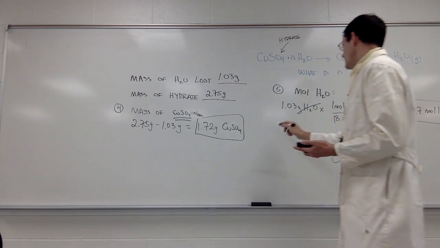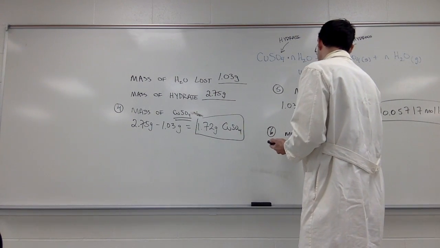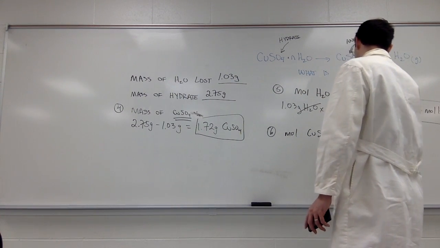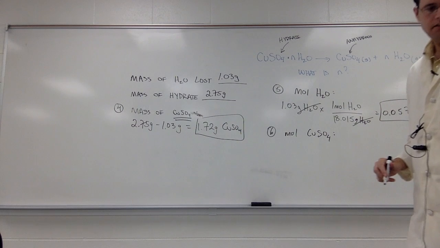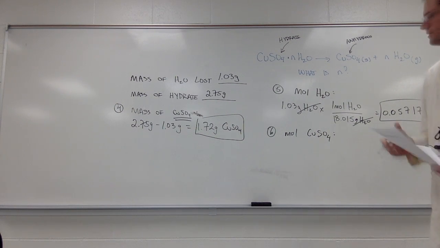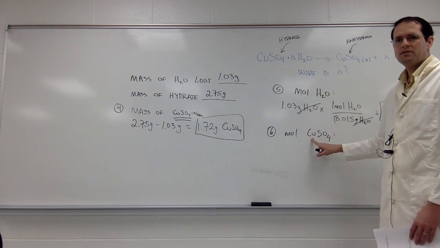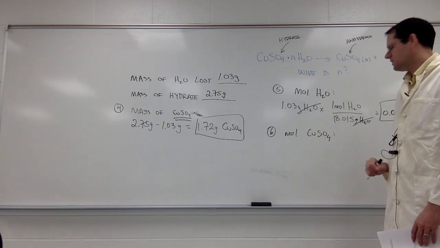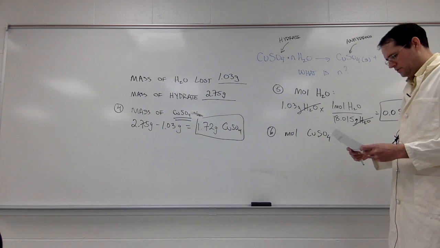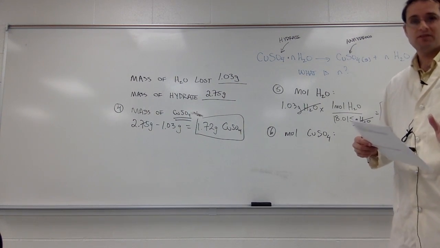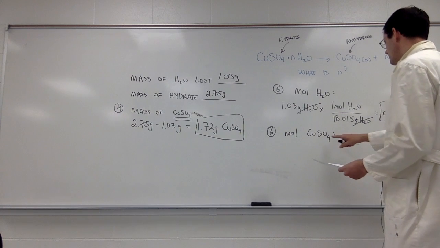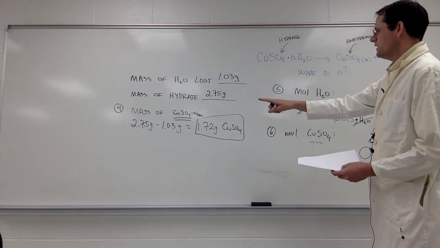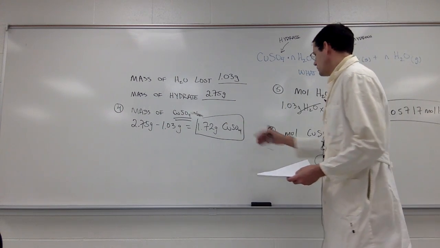Let's calculate the moles of copper sulfate. Now, I went to the periodic table previously, and I added up the atomic mass of copper and sulfur and 4 times the oxygens, and I got a value of 159.609. So that comes from the periodic table, and it depends on the salt that you're playing with. The grams of copper sulfate is 1.72.